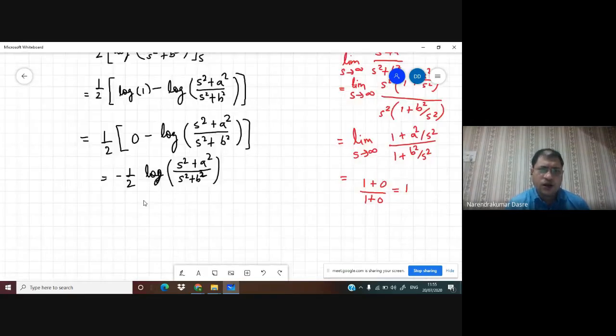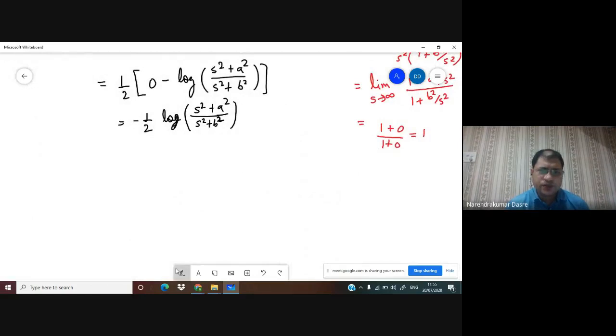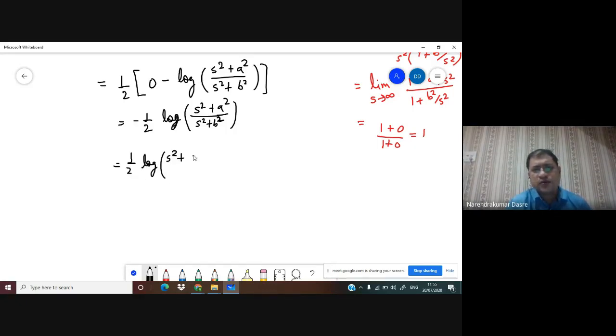And now you can see we can observe this minus sign, and we can write this as half of log of s square plus b square upon s square plus a square, and this is what we have obtained, the Laplace of f of t.